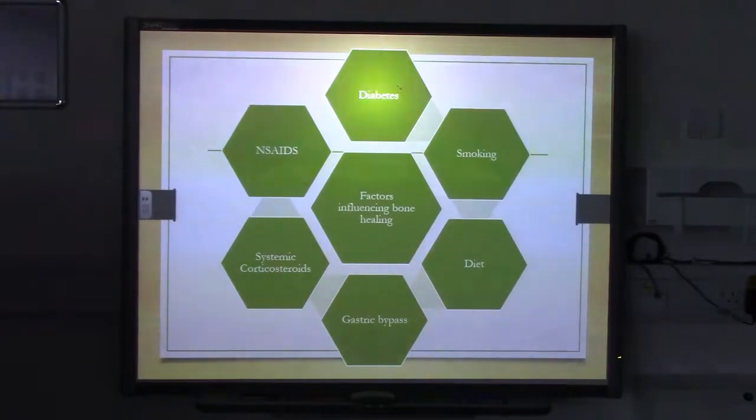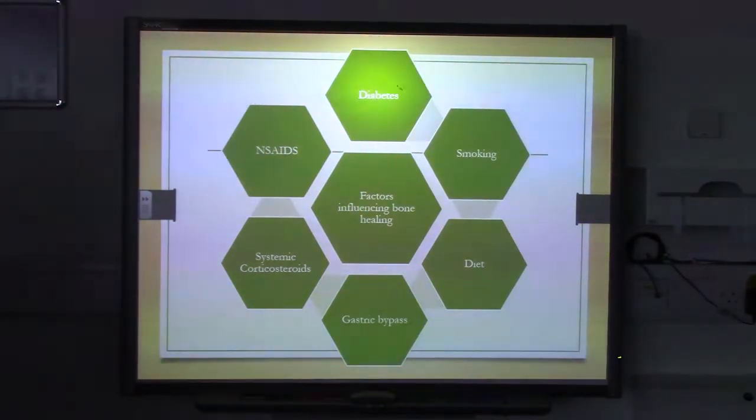So this is the final slide on factors influencing bone healing and things that we haven't discussed, although we have touched on some of these. Systemic corticosteroids, in particular prednisolone, potentially cause hyperlipidemia and therefore have an impact on the blood supply going to the fracture site.